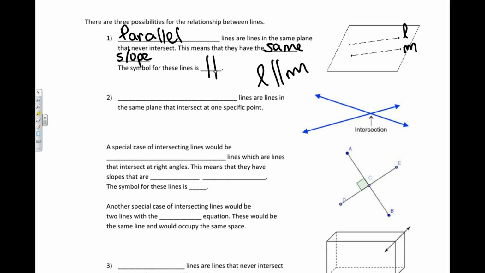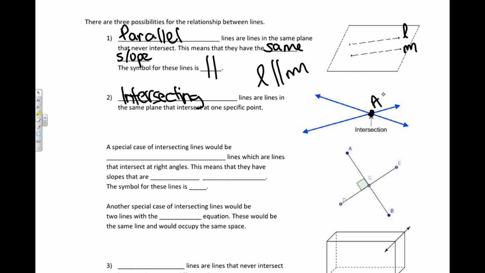My second way that two lines can interact is that they can actually intersect. So we would say that intersecting lines are lines in the same plane that intersect at one specific point. So they'll intersect right there.